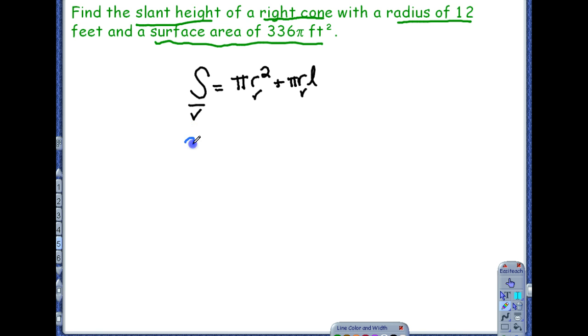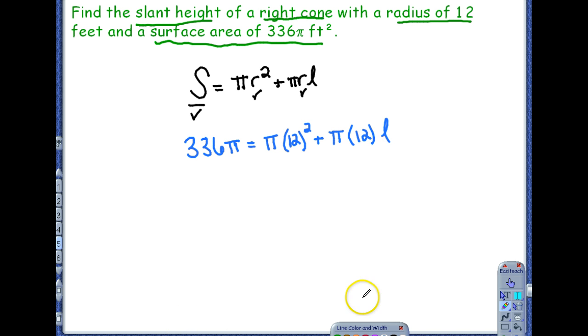All right, so let's substitute 336 pi for the surface area. Don't leave out the pi. Don't just put 336. So 336 pi equals pi times the radius, which is 12, squared, plus pi times the radius, 12, times the slant height.